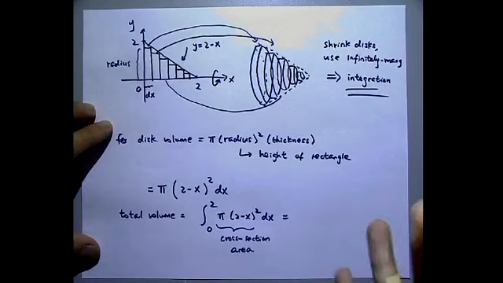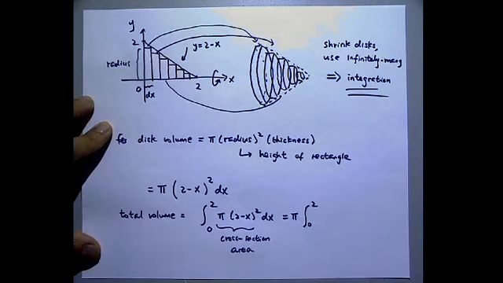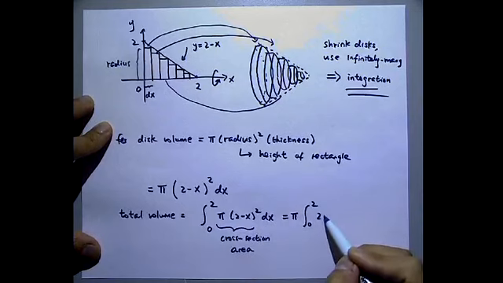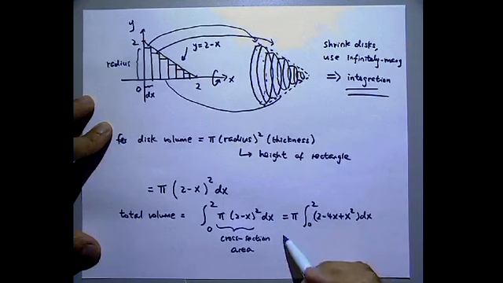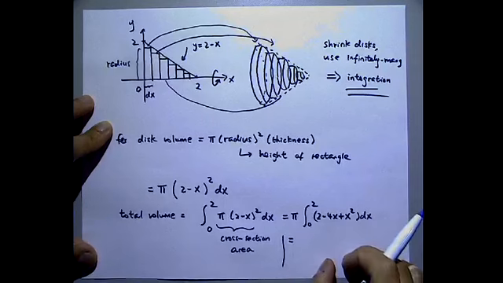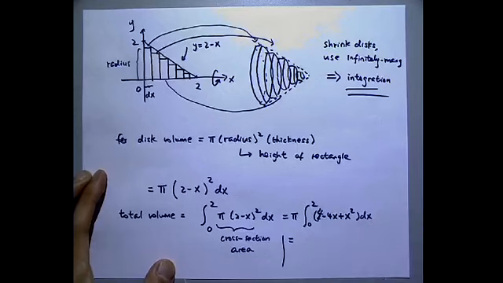Integration is the easy part. Let's take the pi outside. It's a constant, we're allowed to do that. Inside here, something squared, let's multiply that out. Four, yes, sorry, thank you. 2 squared, yeah.